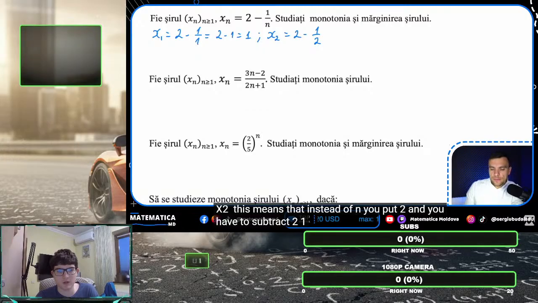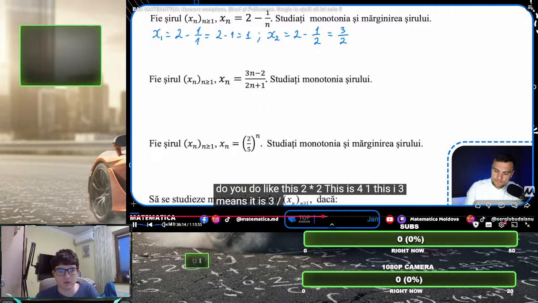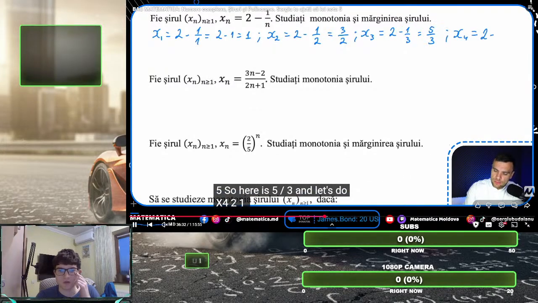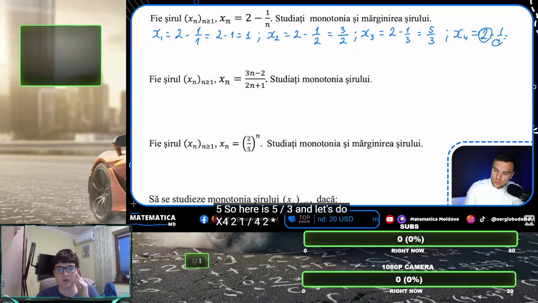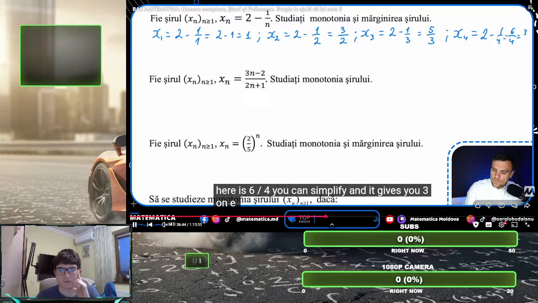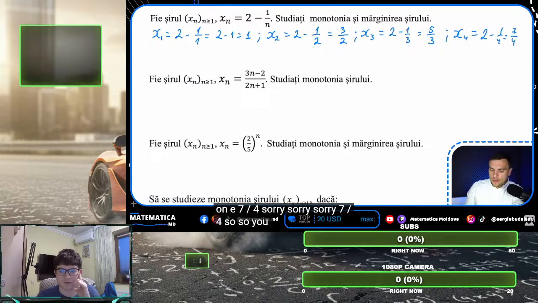So it's gonna be 2 minus 0.5, so that's 1.5. So it's going up as far as I understand. Now if you do x3, it's going up again, like, actually no, huh? What? 7 divided by 4. Yeah.